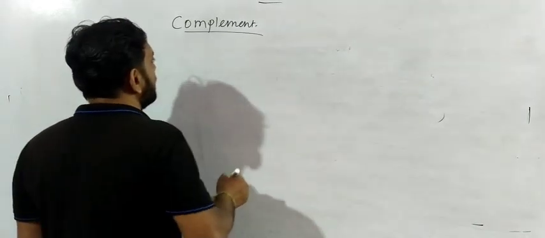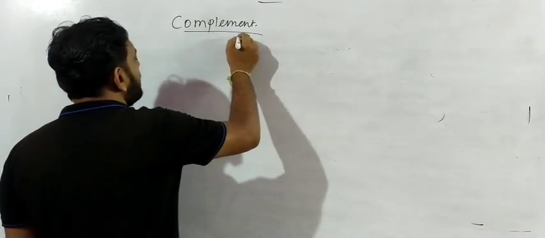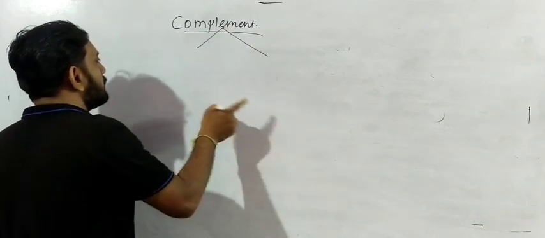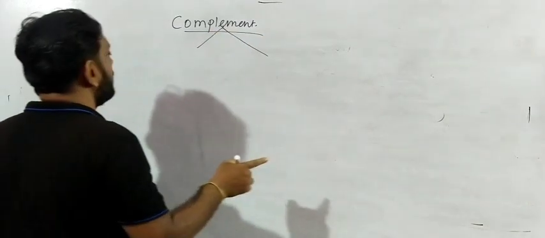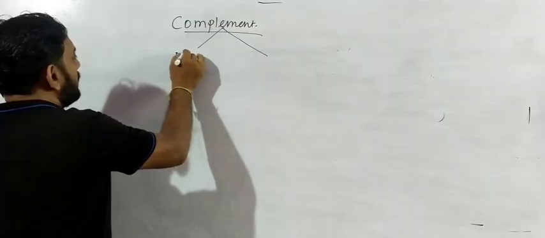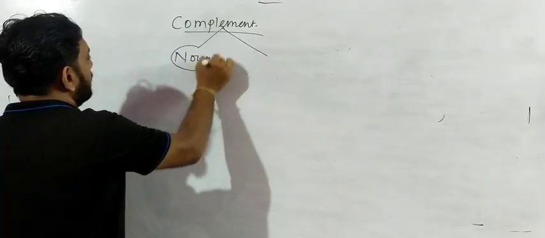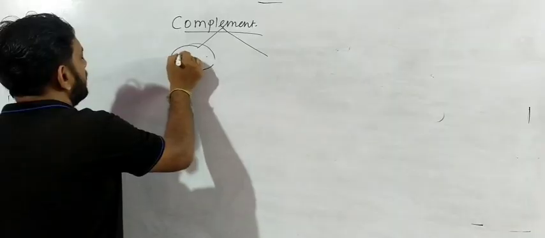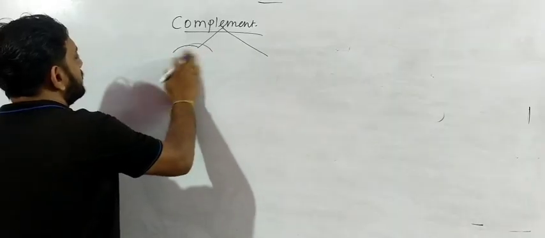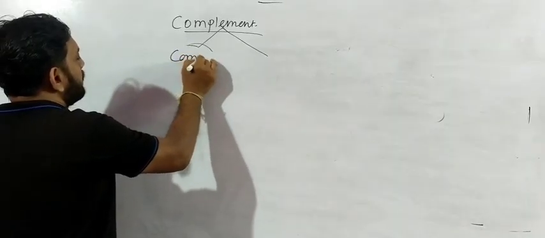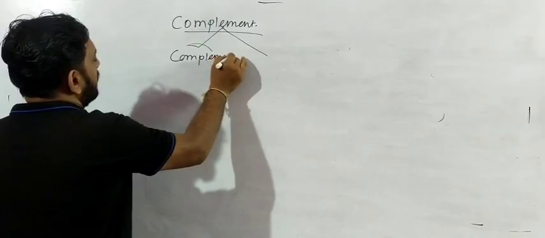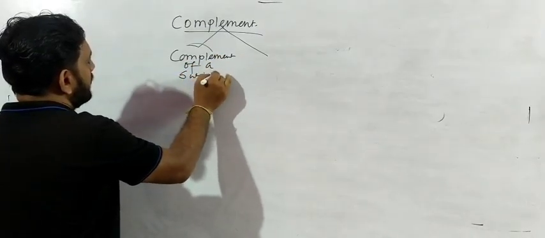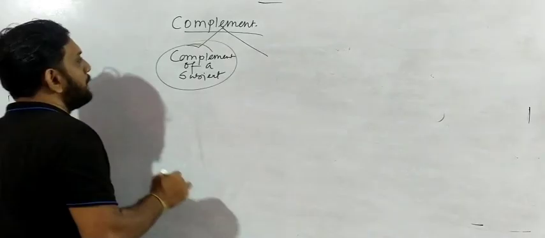First of all, I have to divide it into two parts. First of all, there is noun complement, or I can say complement of a subject. Write it down this way: complement of a subject.